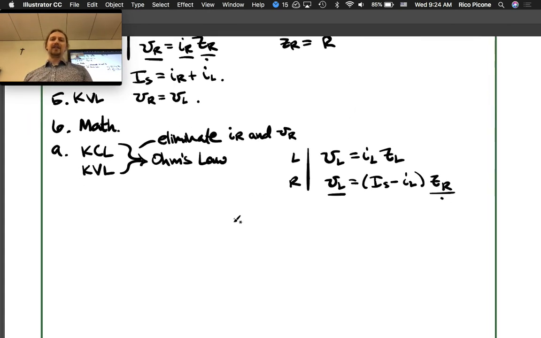So let's do that. So B. So let's do L equation equals the R equation.